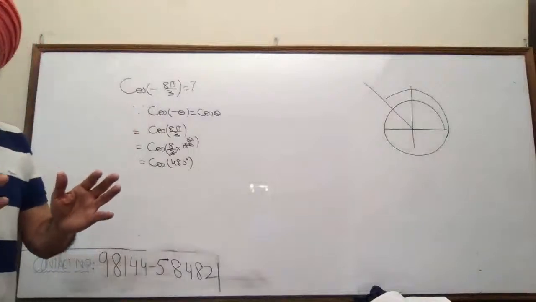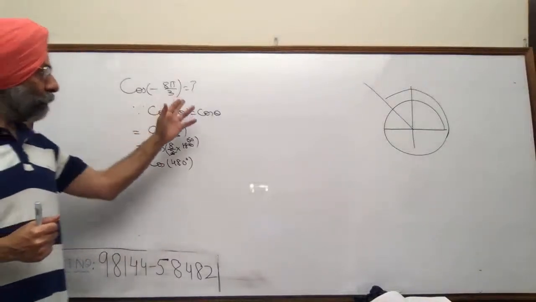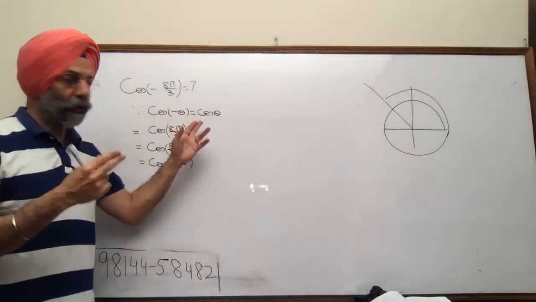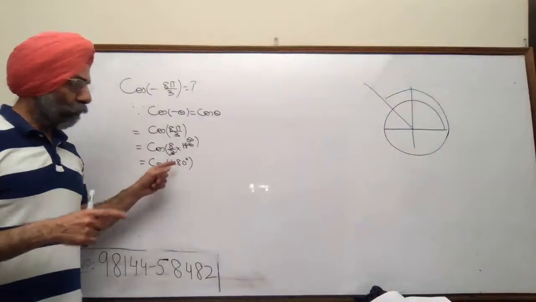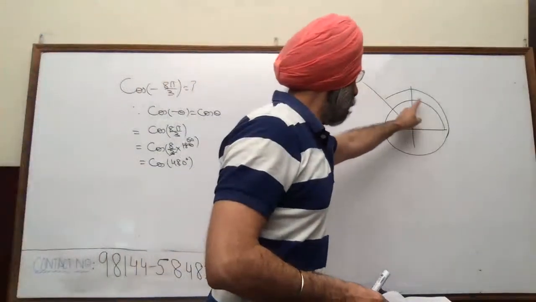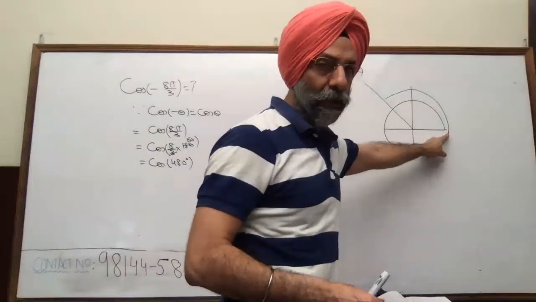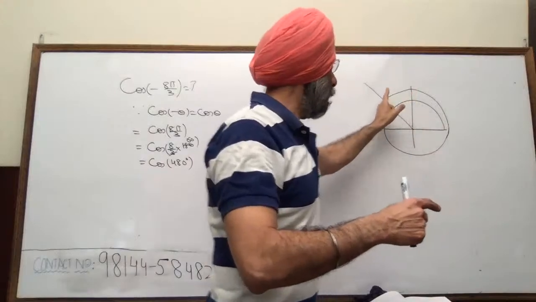So 480 degree means that one complete rotation. This is one complete rotation of 360 degrees plus 90, 450 plus 30.